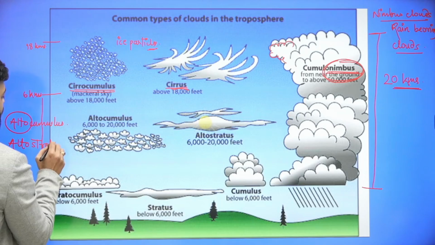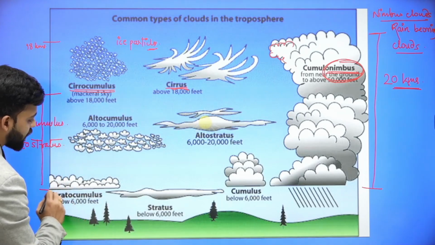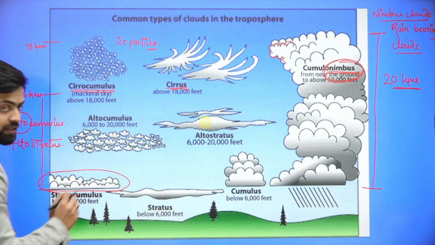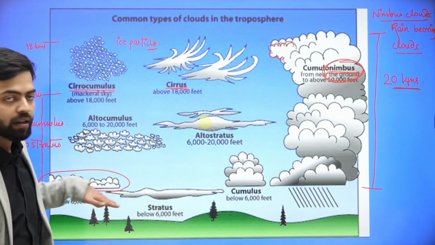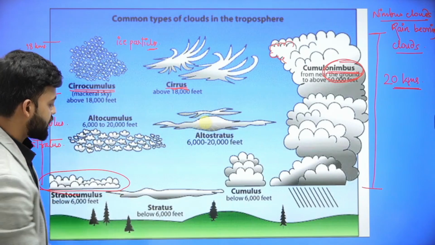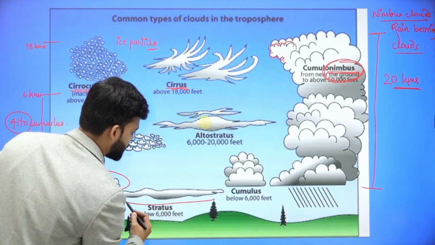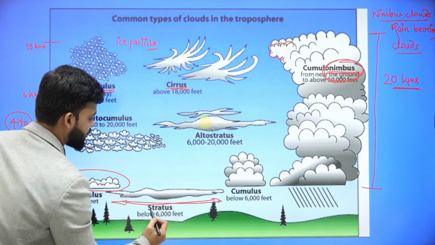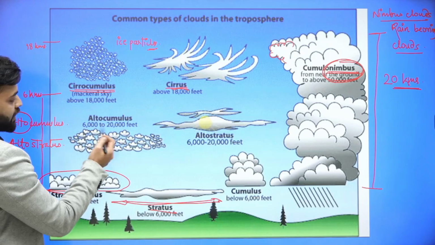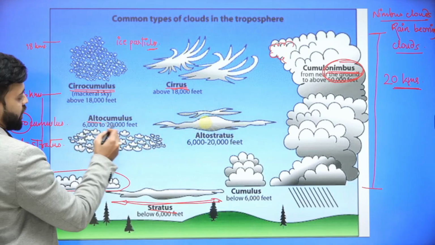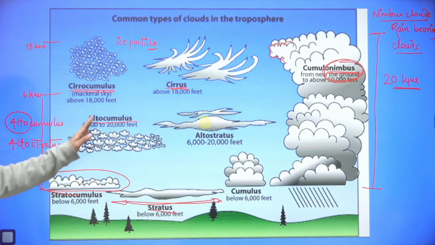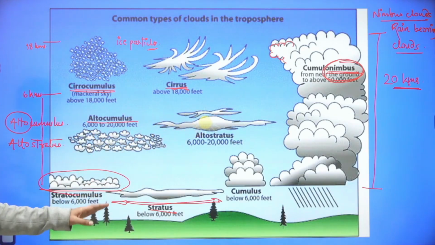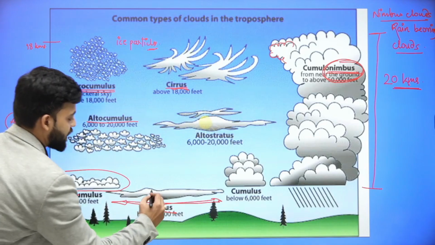Now stratus clouds are nothing but stratified clouds, that is, the expanse of their area or the spread is over a very large area. That's why they are known as stratus clouds. Similarly, when they are cauliflower shaped, they are known as altocumulus clouds. Stratus clouds are basically low clouds.